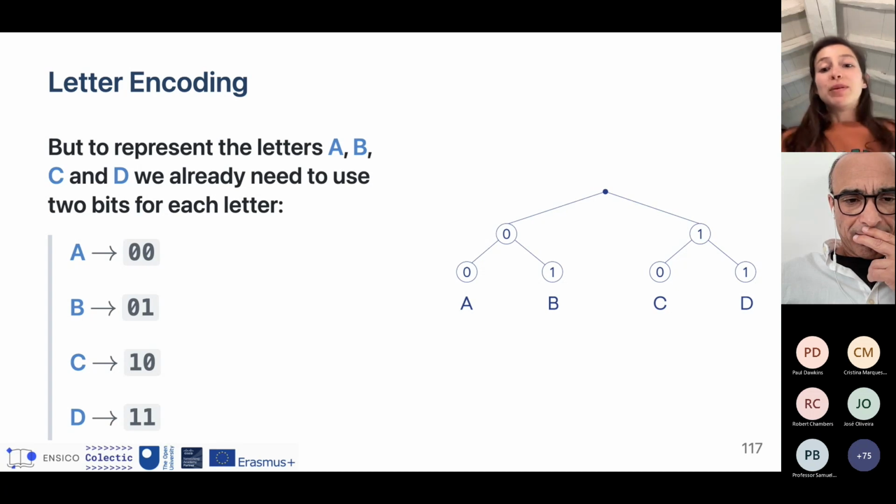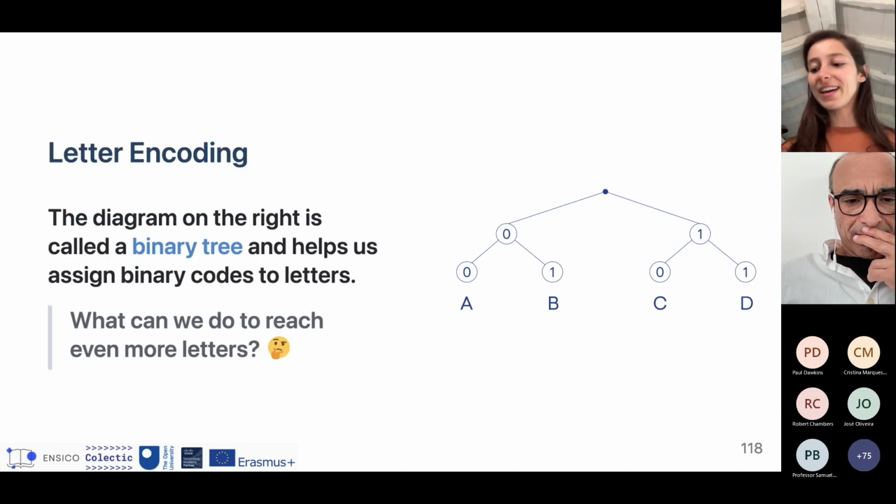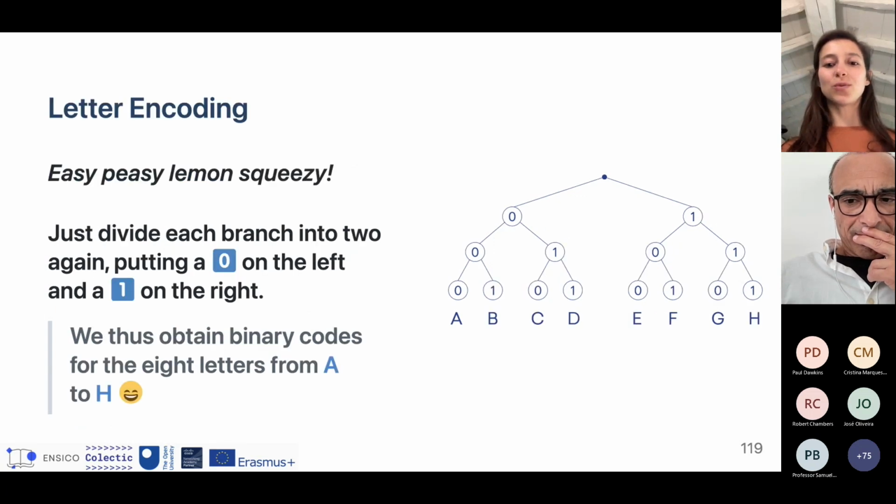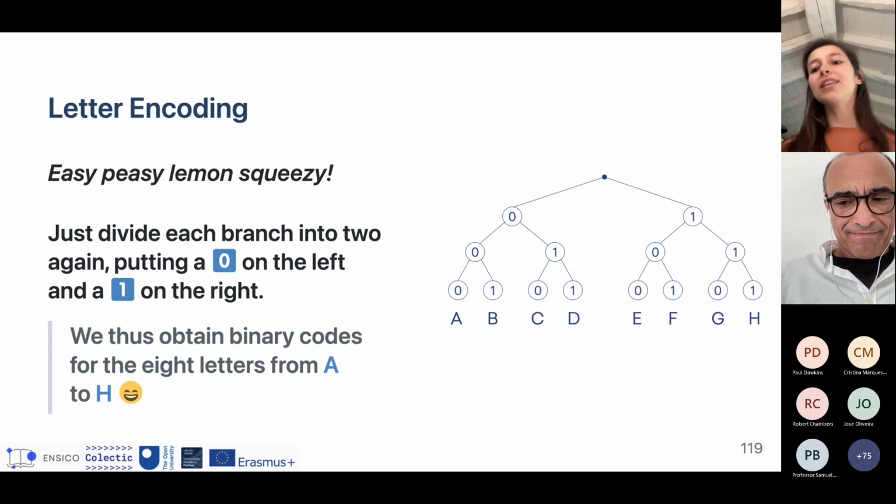Well, we repeat the process. We go to each branch and we divide it in 2. So our tree is growing, okay? And so we obtain binary codes for 8 letters, from A to H. So we started with only 2 letters and 1 bit.